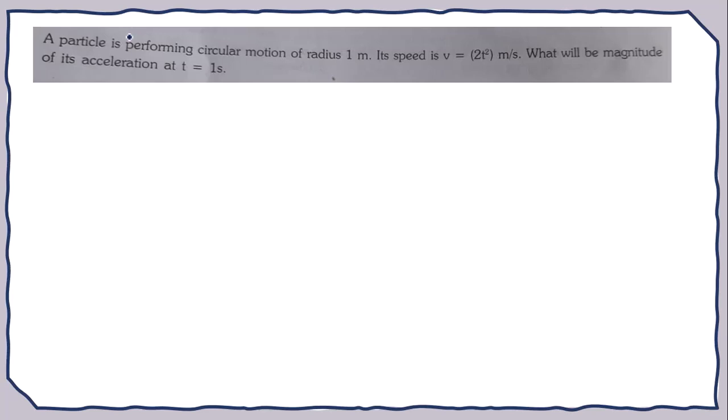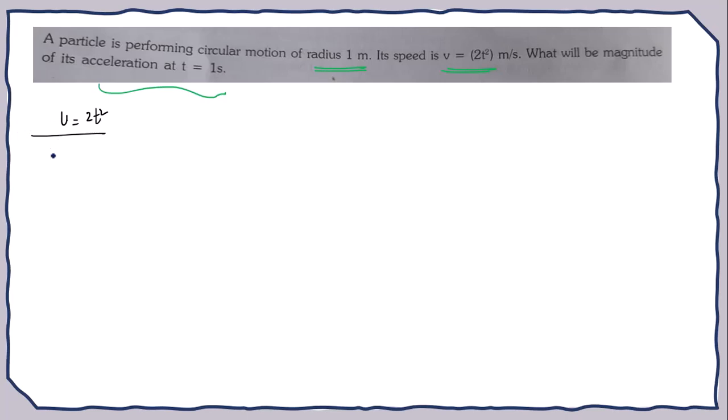Now there is another situation. A particle is performing circular motion on a track of radius 1 meter. Speed is given as v equals 2t square. So what will be the magnitude of acceleration at t equals 1 second? Since you are asked to calculate the magnitude of acceleration, because it is the net acceleration. I know that v equals 2t square. That is the tangential speed or velocity.